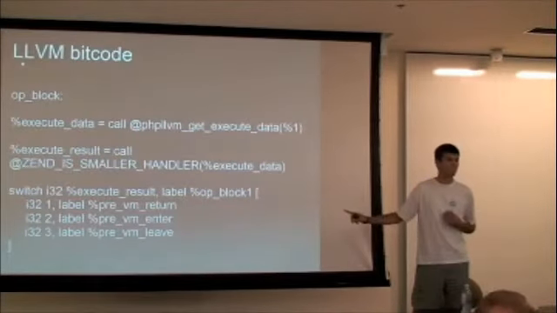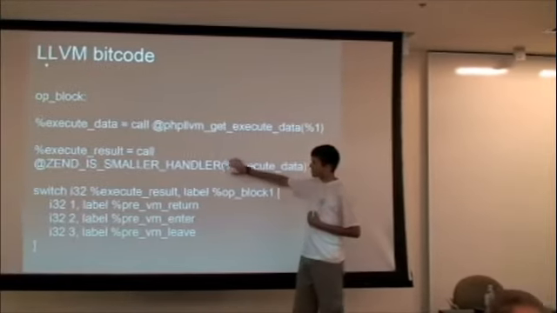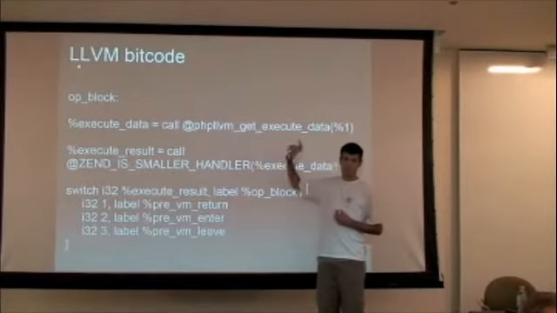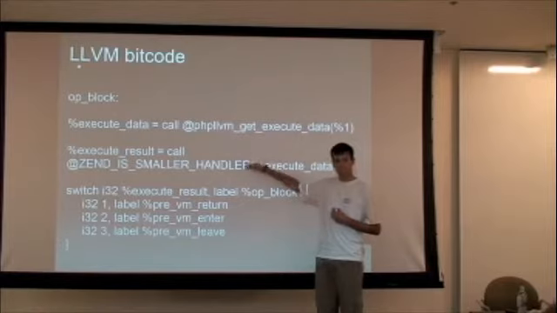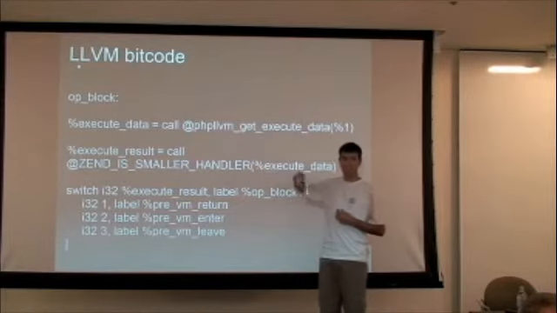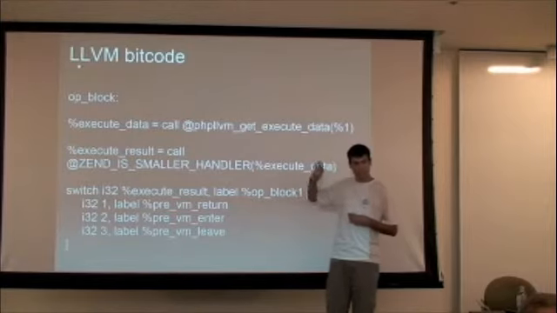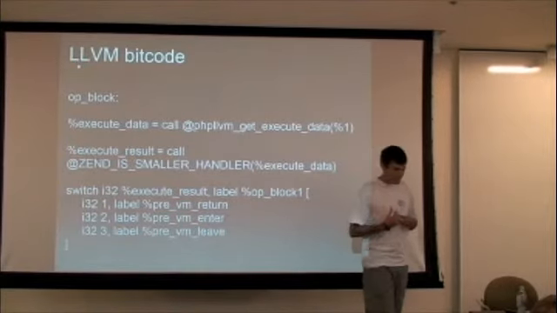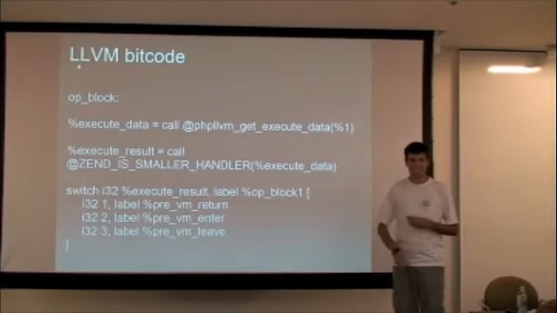So here, this is the handler from the Zend VM, but we compile this to bitcode. So this gets inlined here. This is not a problem. This is the code that we emit, and then the optimizer will take care of that.